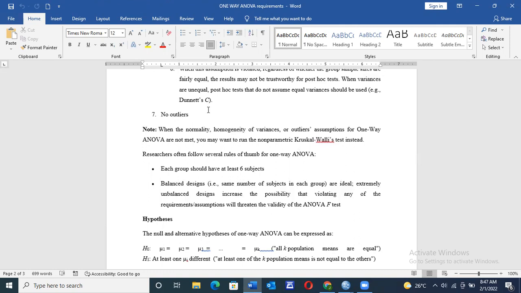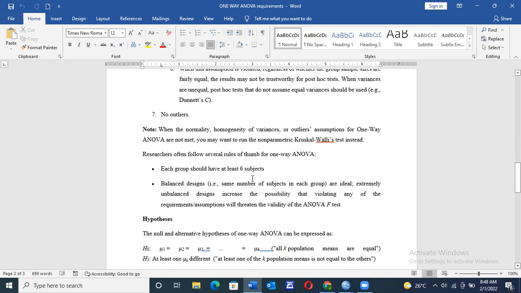So when the normality or homogeneity of variance assumption for one-way ANOVA is not met, you may want to run the nonparametric test instead. Those are some of the key things to note when you are doing that particular analysis.